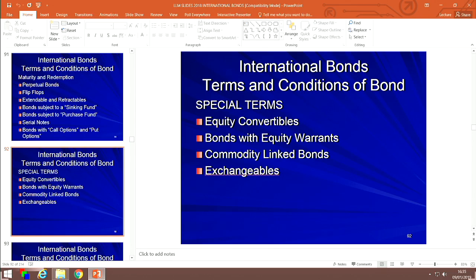to convert the bond into the underlying equity of the issuer at a rate specified in the bond. Usually, this meant a double conversion because the bonds were usually issued denominated in euros, dollars, yen, and so on, whereas the underlying share capital could be in another currency.